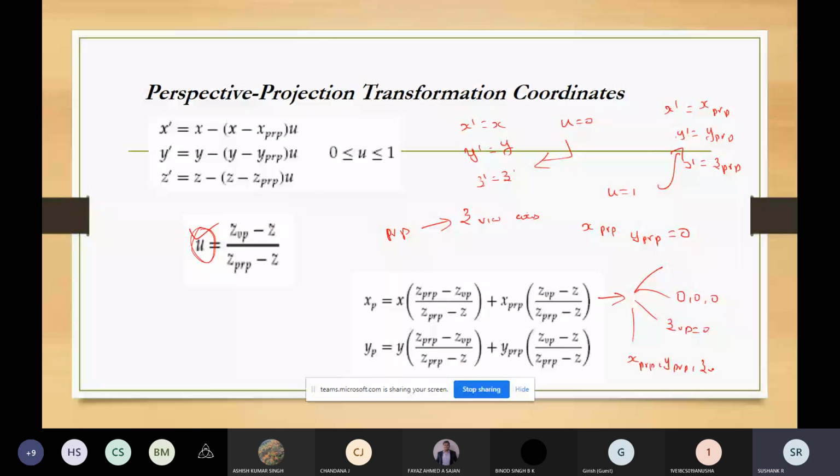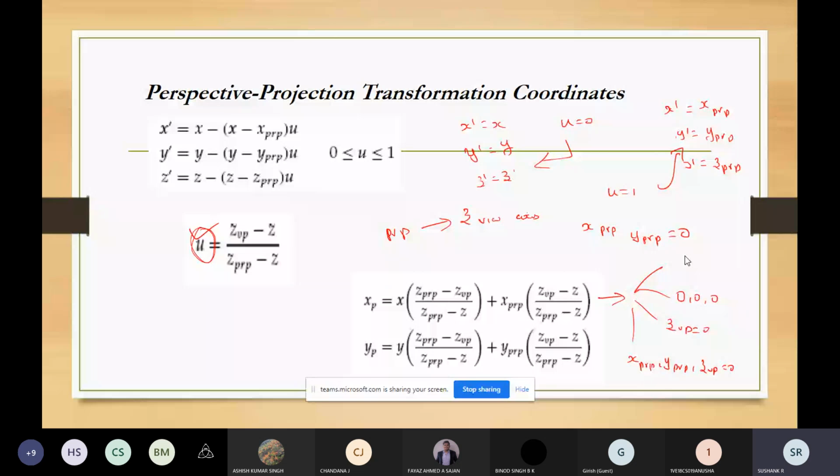In the first case, X projection and Y projection were 0. Like this, take the general equation and derive the cases from it.